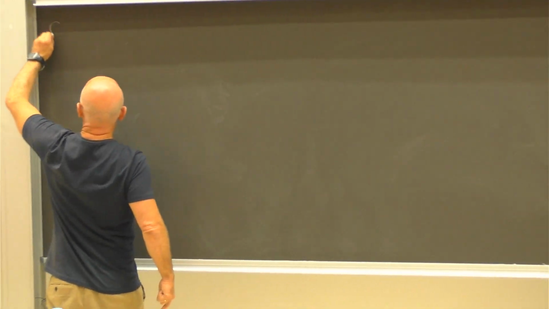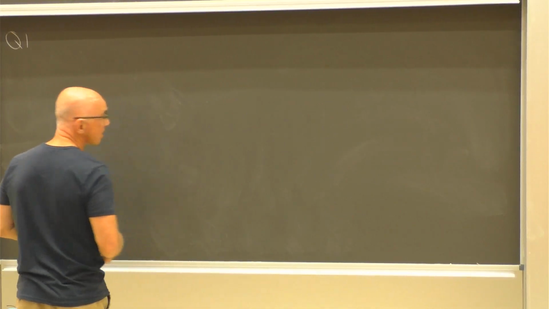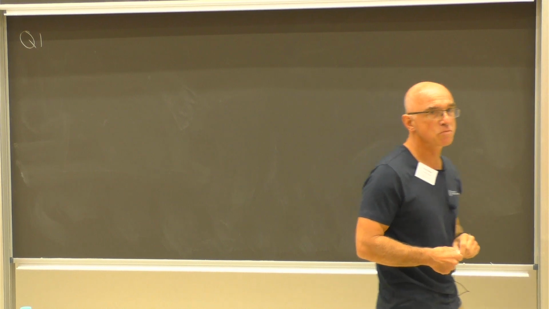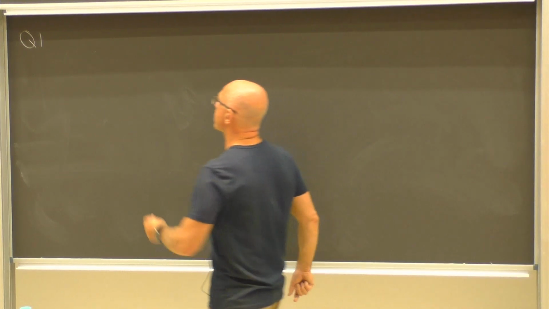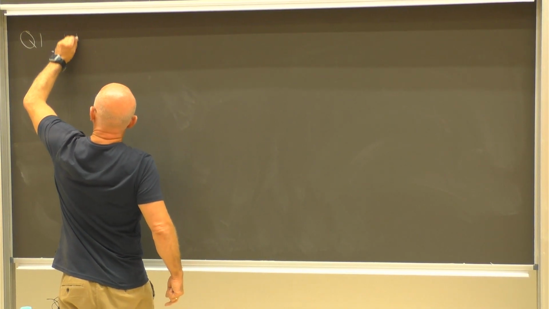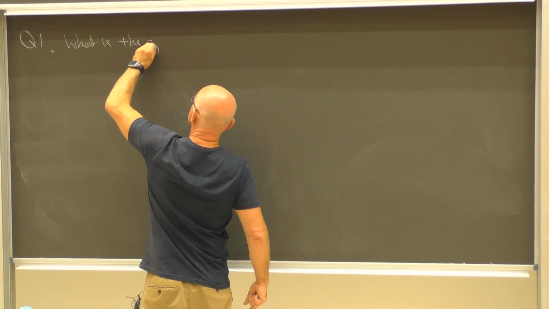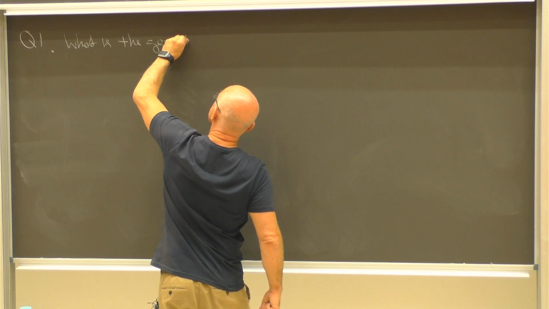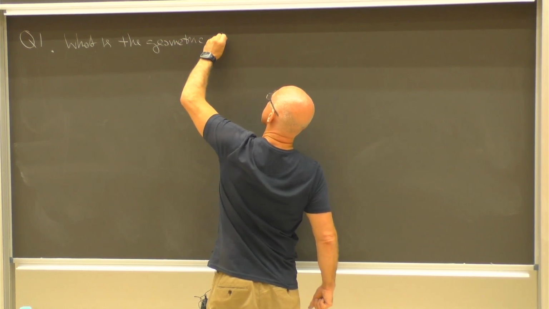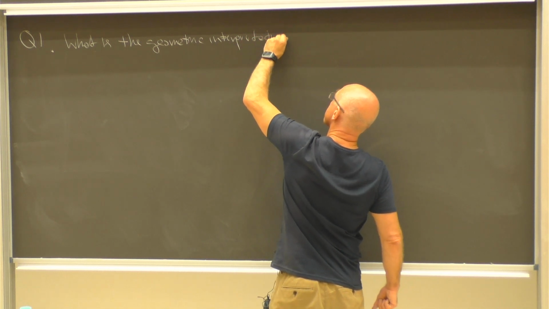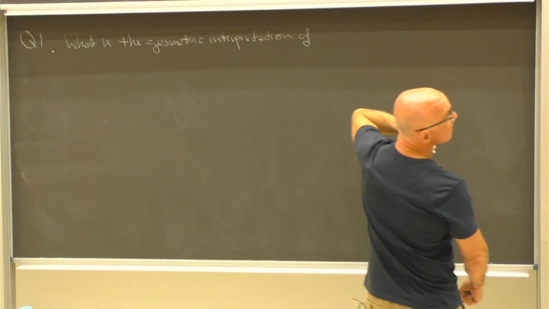So the first question is, there is a formula, what does it mean geometrically? What is the significance of these three variables, x1, x2, x3, and f? So what is the geometric interpretation of 0.3?